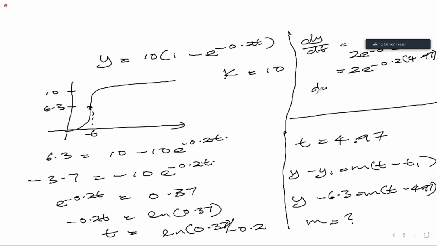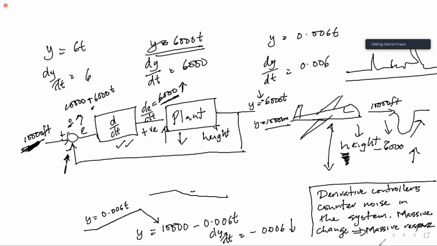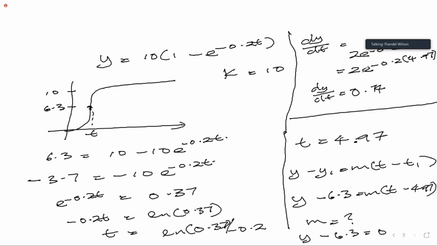So what does dy by dt equal? 0.74. Therefore y minus 6.3 equals 0.74. Oh, you just plug in everything.